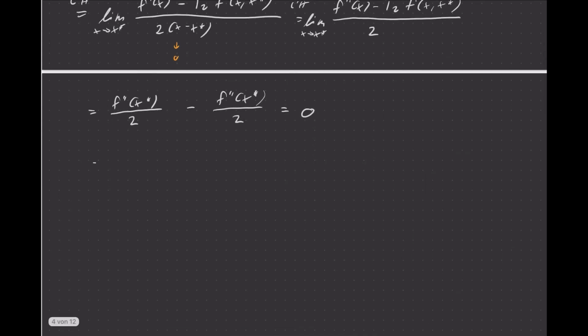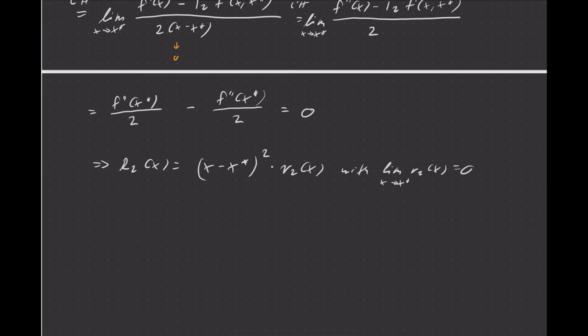And what that means in particular is that R2 of x, the remainder of the Taylor polynomial of order 2, is of the form x minus x star squared times some function R2 tilde of x, with the limit of R2 tilde of x being 0 as x tends to x star.